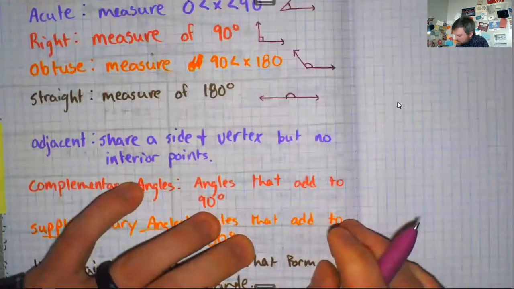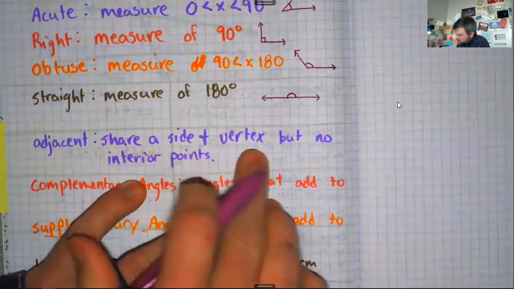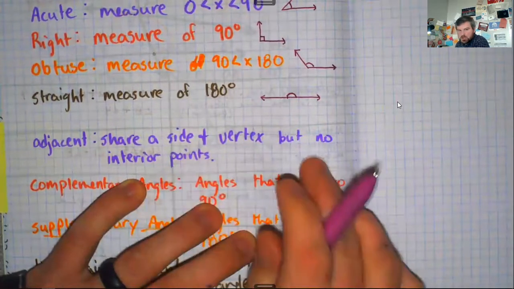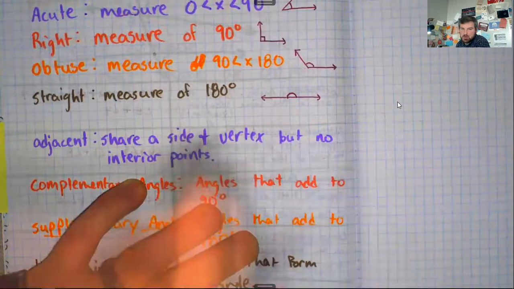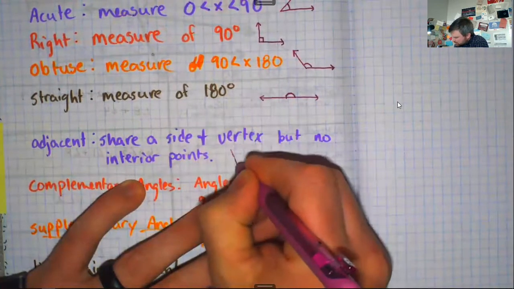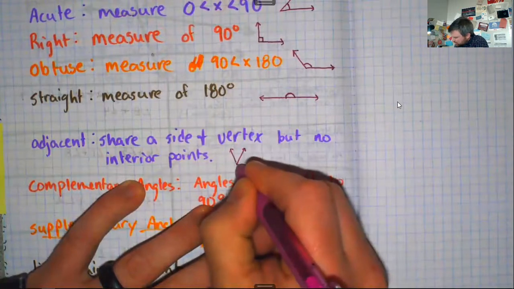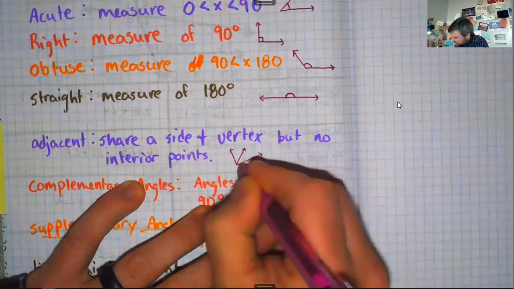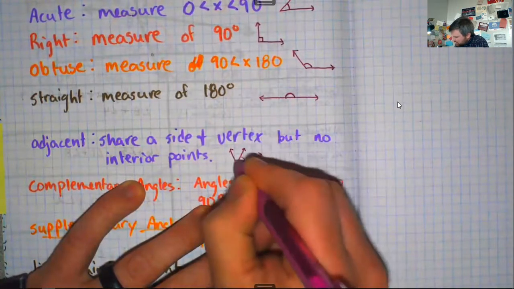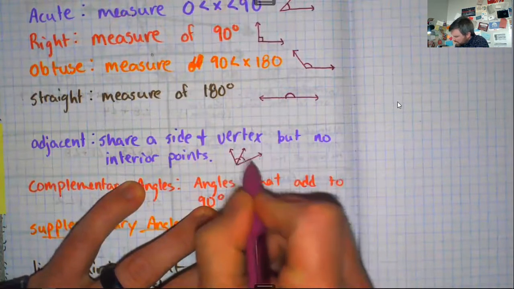Okay, adjacent angles share a side and a vertex, but no interior points. The no interior points just means that they don't overlap one another. Okay, so if this is one angle, an adjacent angle to it would be right here. So you have this angle and this angle. They share a vertex and one side, but they don't overlap.